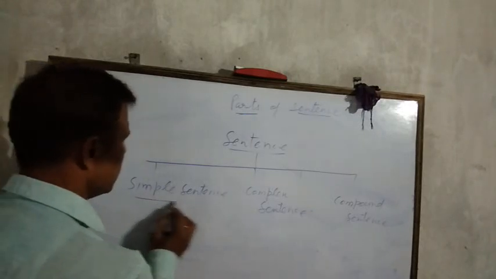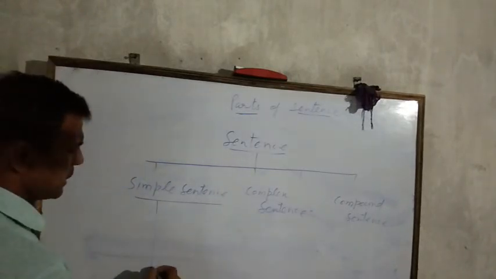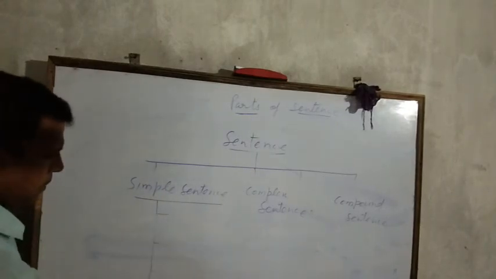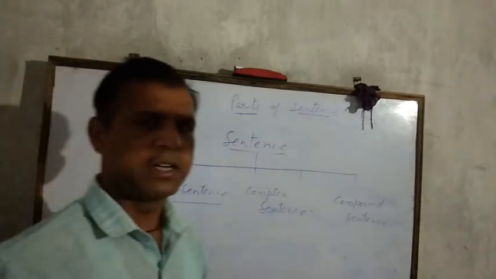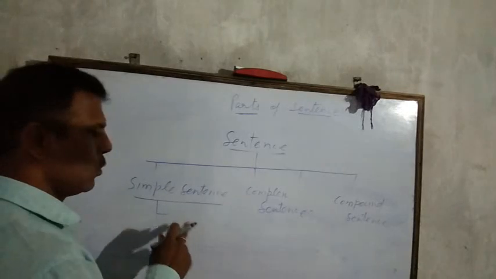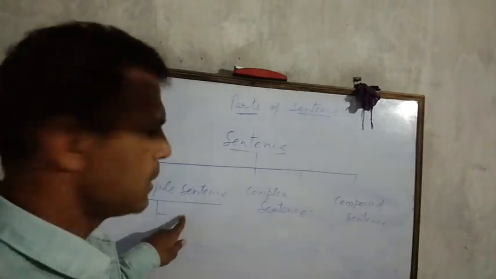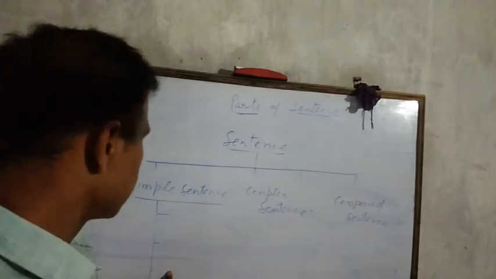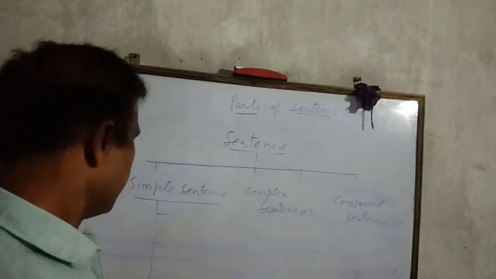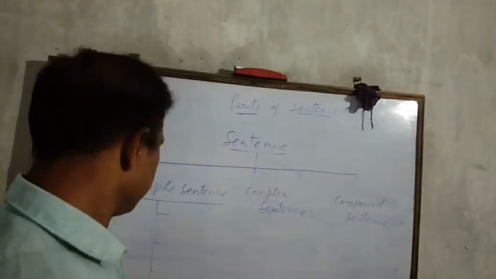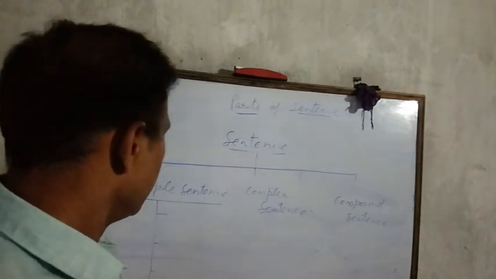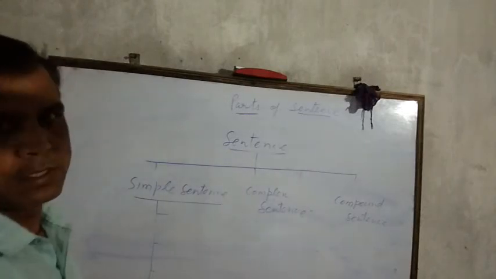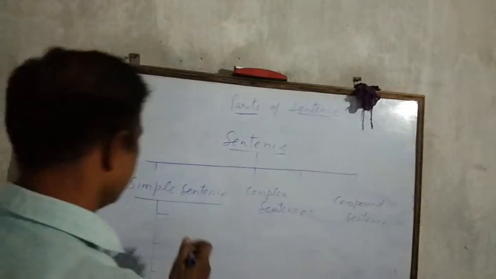Those are the kinds of simple sentence. Simple sentence has 5 kinds: declarative sentence, interrogative sentence, imperative sentence, exclamatory sentence, and optative sentence.